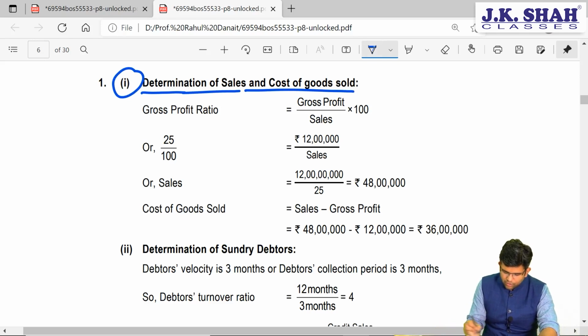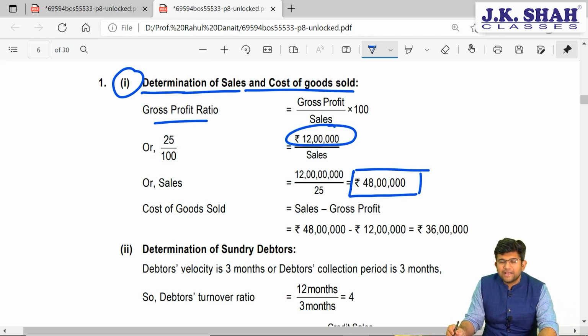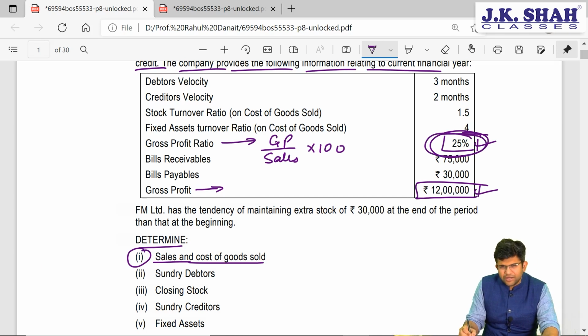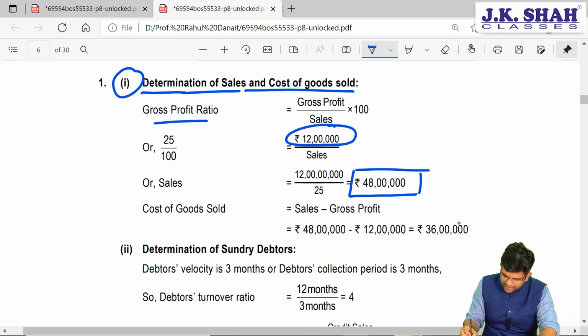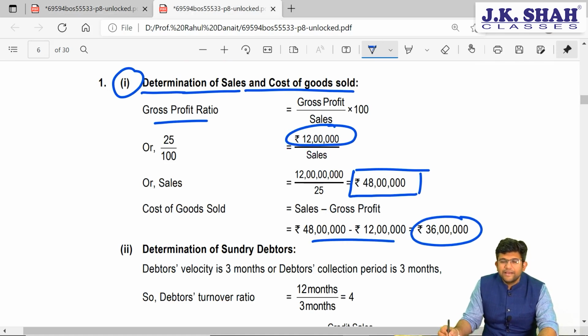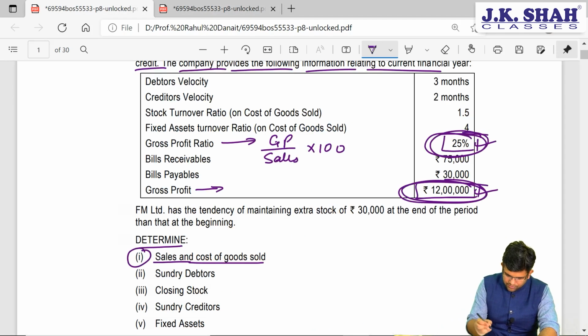So students, as I told you, gross profit ratio is available, and since gross profit is given, we can easily solve this and get the sales as rupees 48 lakhs. Now children, from 48 lakhs, if you subtract 25%, or we can straight away subtract 12 lakhs, that is the gross profit, we will get COGS, right? So with that, we complete the discussion to the first point, that is sales and COGS.